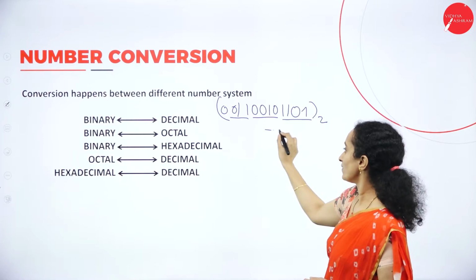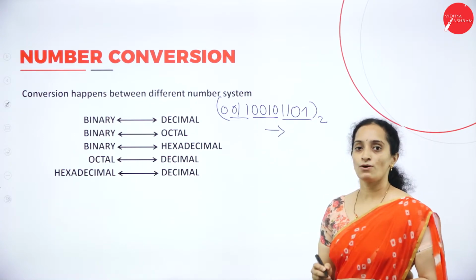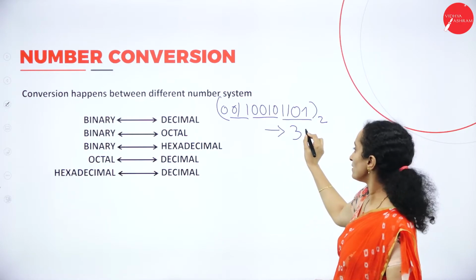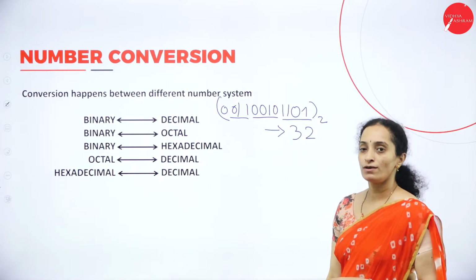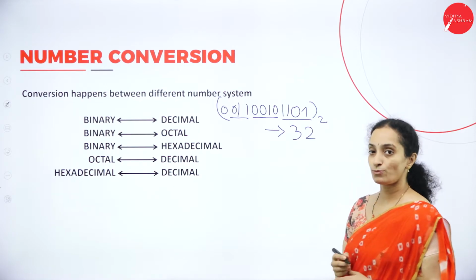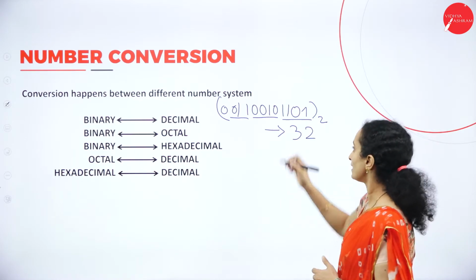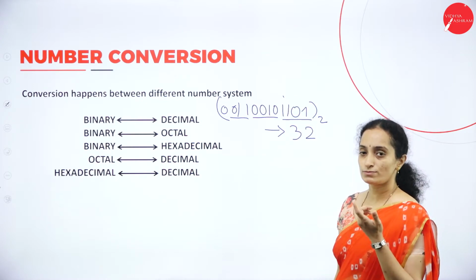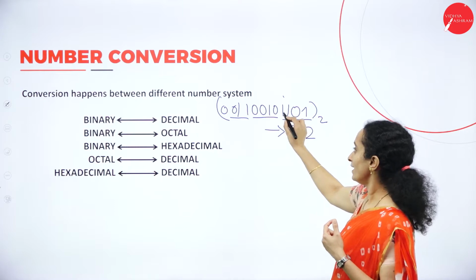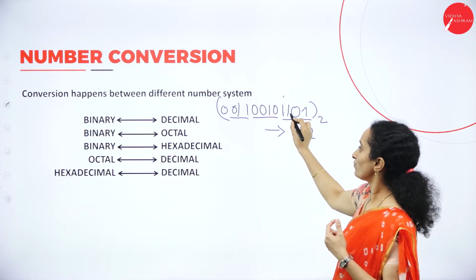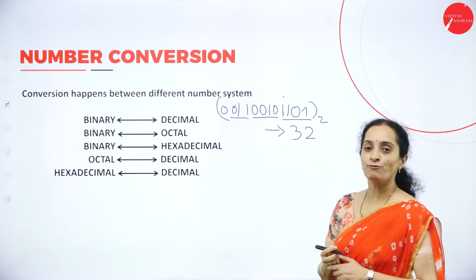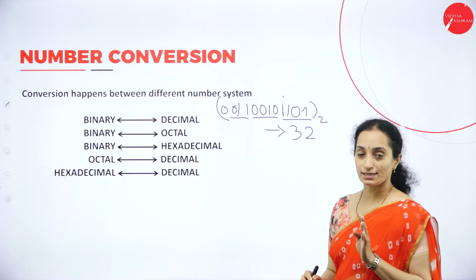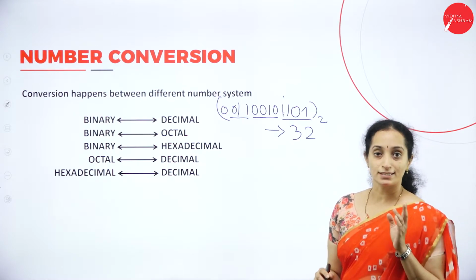How do you convert it to hexadecimal? 0011 represents 3, 0010 represents 2, whereas 1101 represents 13, like 1 into 2 to the power of 3, 2 to the power of 2 and 2 to the power of 0. 8 plus 4 plus 1 represents 13. Cannot express 13 in hexadecimal.